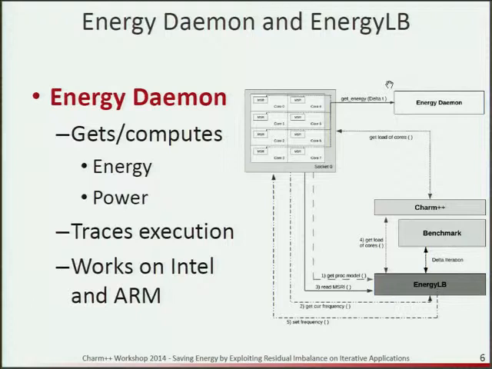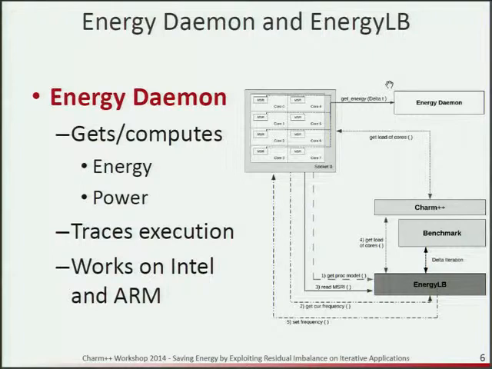The energy daemon is going to be responsible for getting to know on which machine you're running and getting information about power and energy consumption. This may vary from platform to platform because we may have some model-specific registers that tell us the energy being consumed by a socket, or maybe the power.